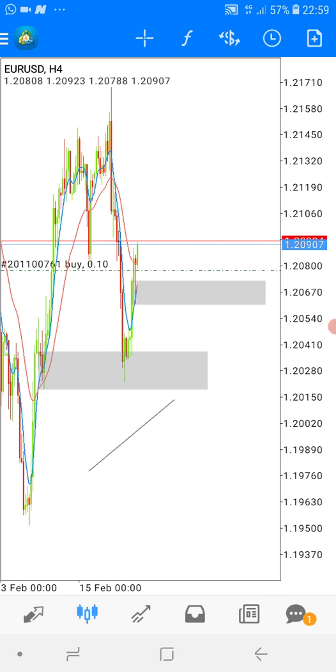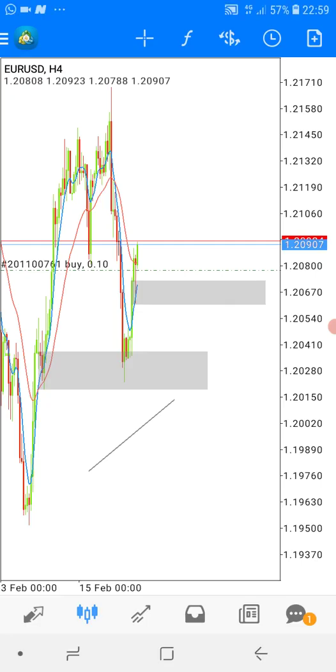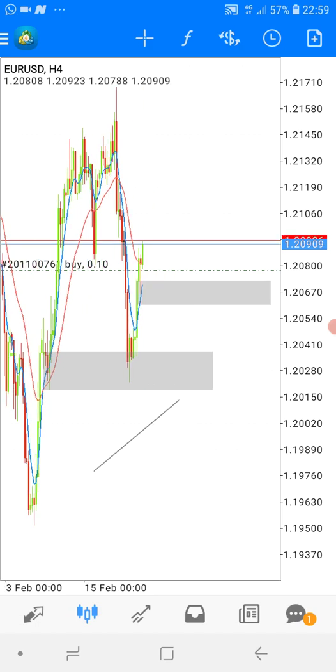Rule number 3, price needs to then cross the EMAs with a strong move and start moving above the EMAs. Fourth rule is you only take an entry at the retest of a zone that was formed by the strong move that broke structure, and also crossed both the EMAs, right?